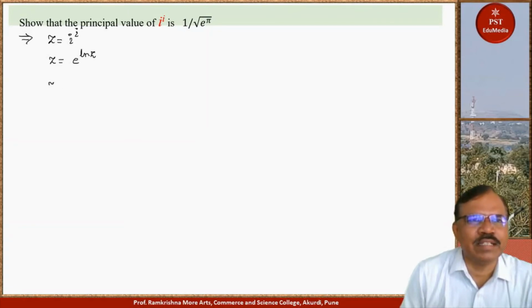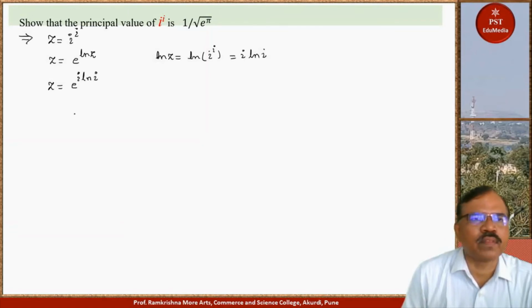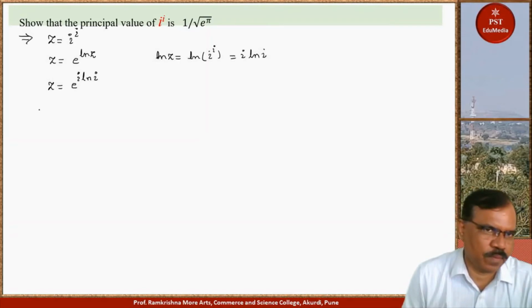So we get z equal to e raised to log z, and log z is log of i raised to i. I can write this as i log i. So z is equal to e raised to i ln i.